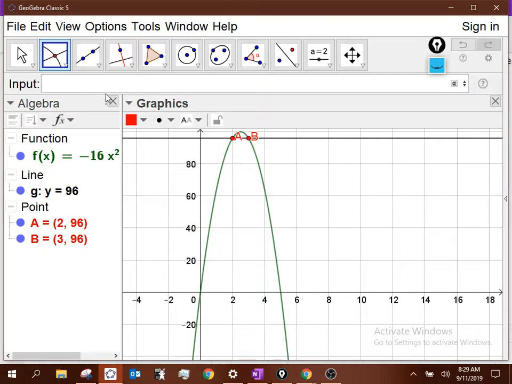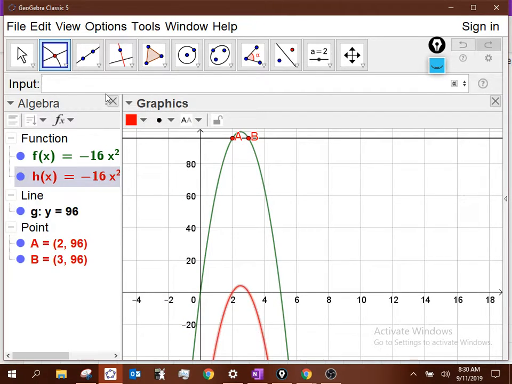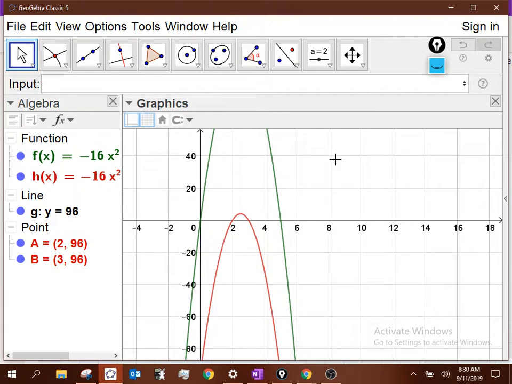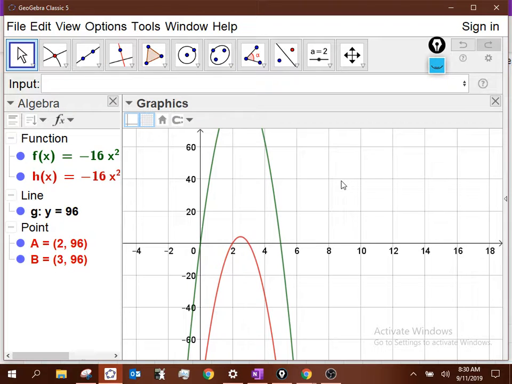If I had negative 16x squared plus 80x minus 96, it'd be that red curve, which is no longer the physical thought of what is going on here. Does that make sense?